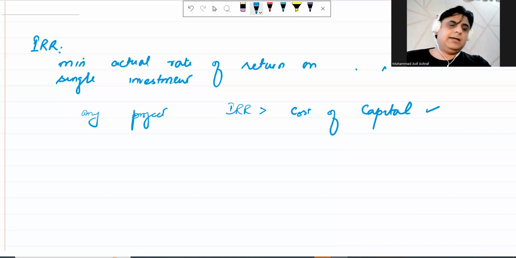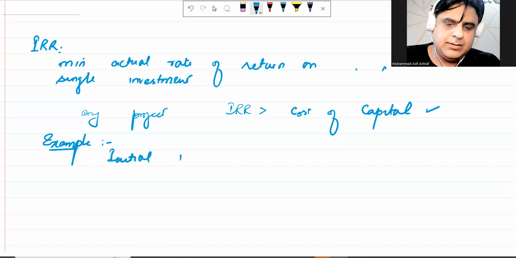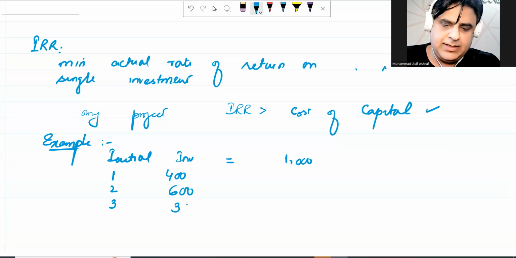For example, let's make an example here. Initial investment required is 1,000. We have cash flows of 400, 600, 300 in years 1, 2, 3, and the cost of capital is 10%.